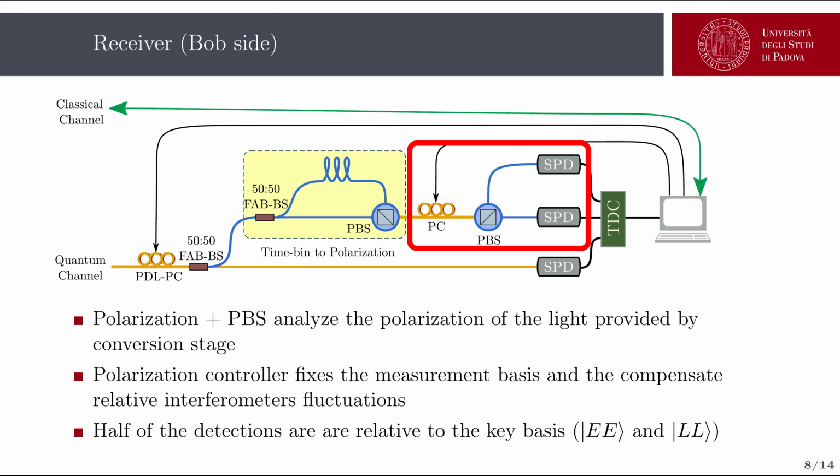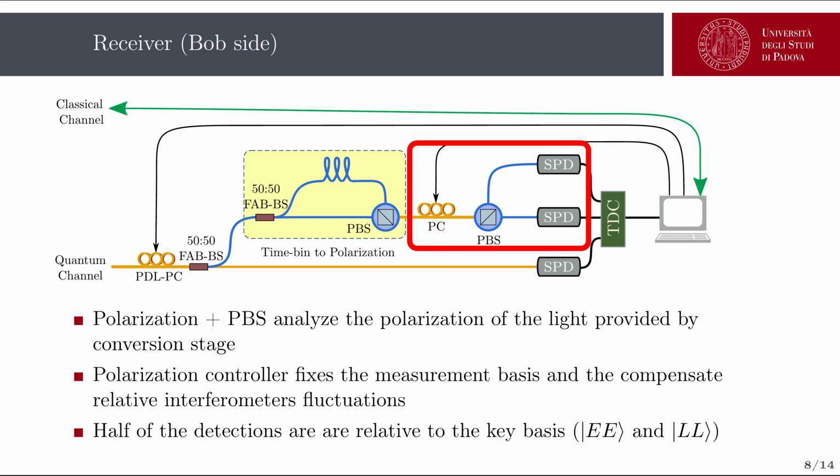It is used to fix the measurement basis in order to measure on the correct superposition of early-late, so measuring in the mutually unbiased basis with respect to the key basis. But also, it will take care of the compensation of the relative phase between the two interferometers used in the experiment.